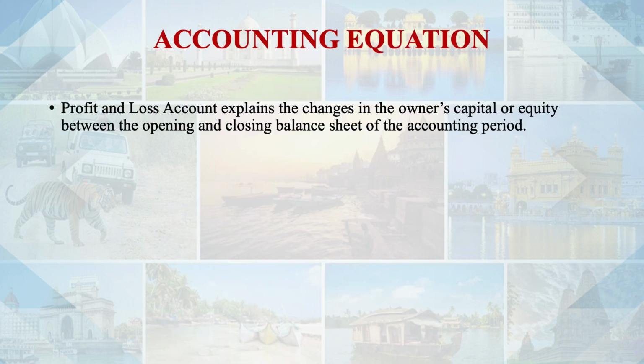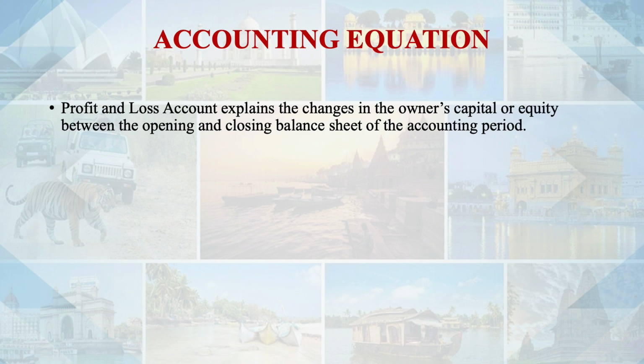Now, when we understand this relationship between your profit and loss account and the balance sheet, the accounting equation is going to play a very important role. I think we all are familiar with the accounting equation. Now we will see how it shows the relationship between your profit and loss account and your balance sheet. The profit and loss account shows the changes in the value of assets and liabilities throughout the year.